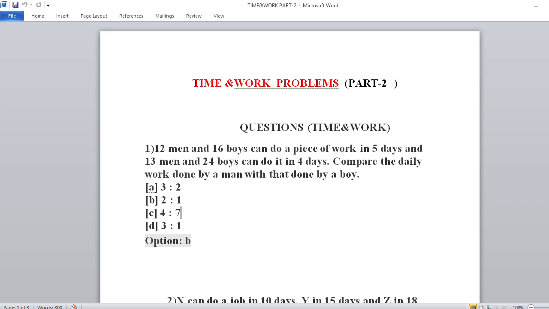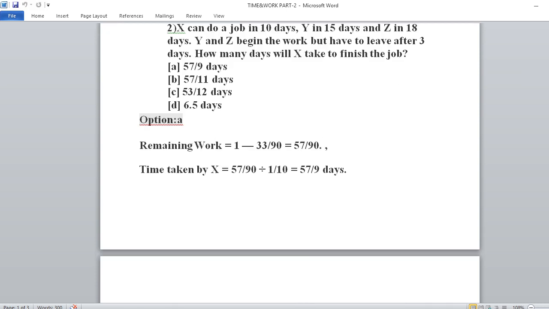Second problem. X can do the job in 10 days, Y in 15 days, Z in 18 days. Y and Z begin the work but have to leave after 3 days. How many days will X take to finish the job? So how to solve this problem?